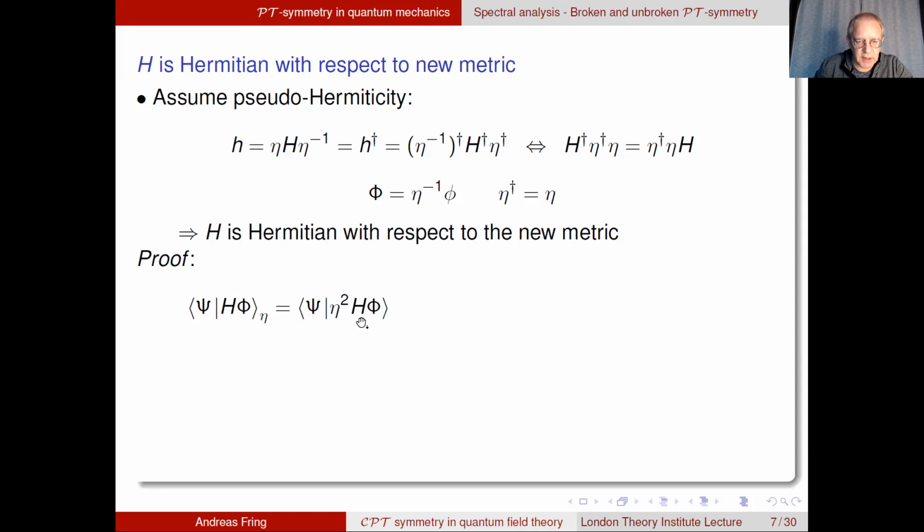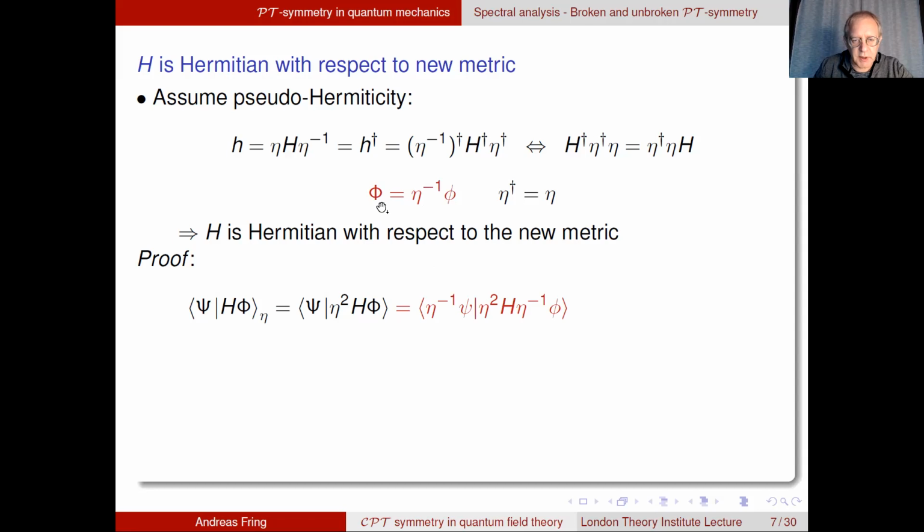On the right-hand side, this is the standard inner product, and I have to place here eta dagger eta, but we have taken eta to be Hermitian, so I'm putting here an eta squared. That's the definition. And what I will show now, briefly, is that we can pull the H to the other side, meaning that in this formulation, the H is Hermitian.